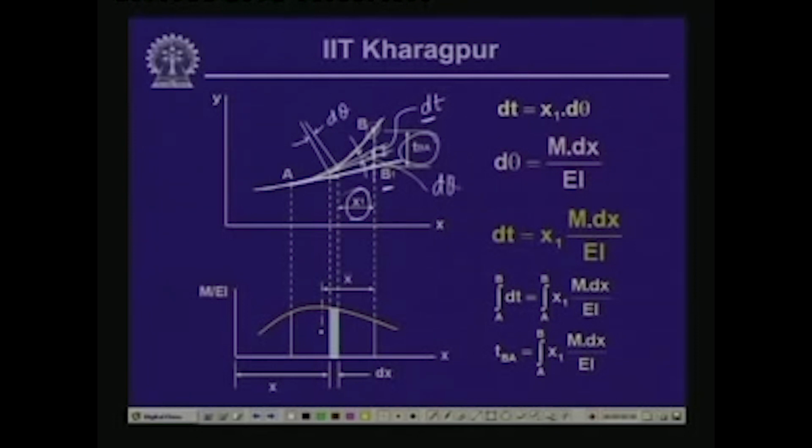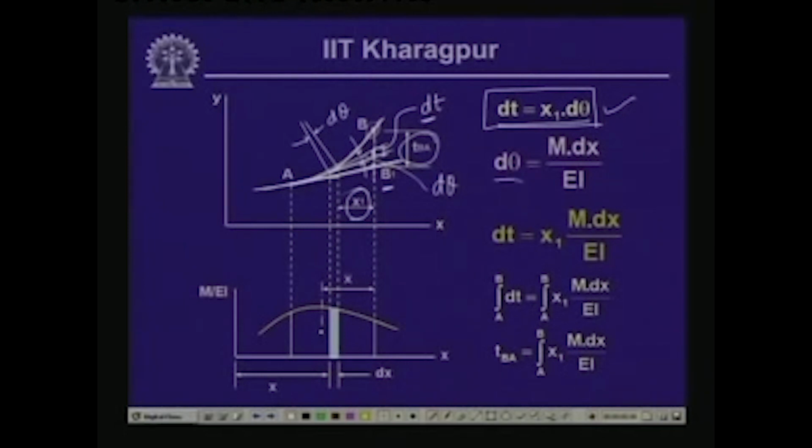Hence, if we call this length x1, then x1 times d theta will be dt. So, dt is equal to x1 times d theta. Here we have assumed that slope is small, and thereby the length x1, which is along the axis of the beam, is equivalent to the tangent length which is cutting the vertical line BB1 and giving the distance dt.